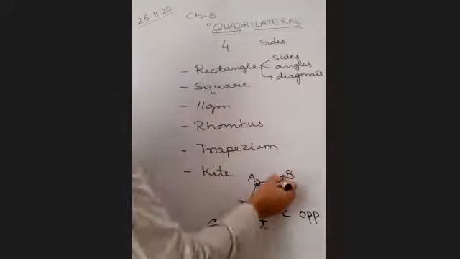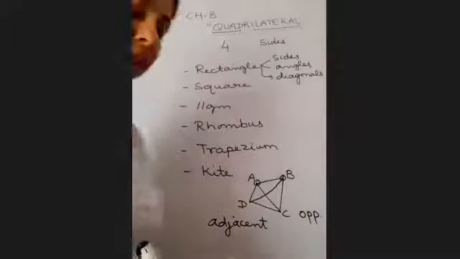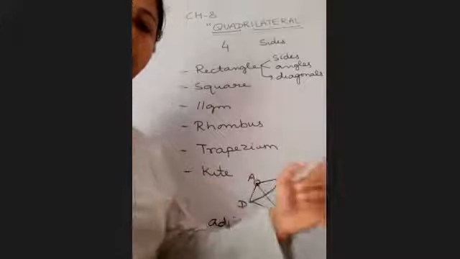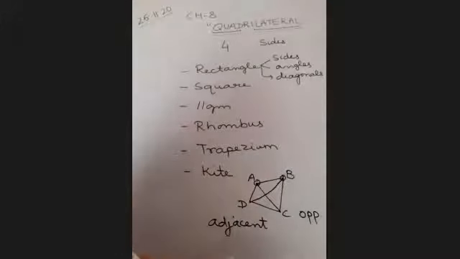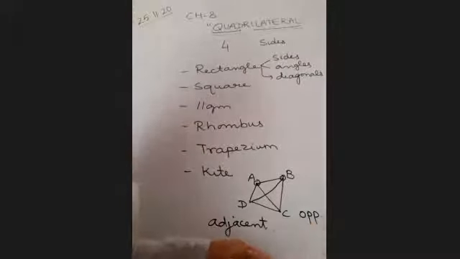AC opposite, BD opposite. The line segment joining opposite vertices is known as a diagonal.